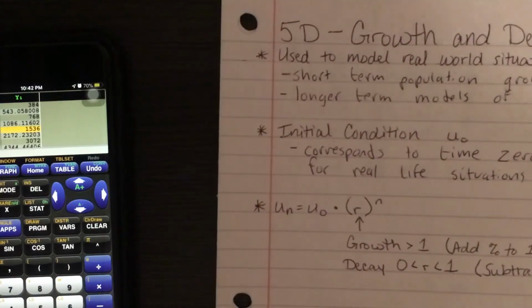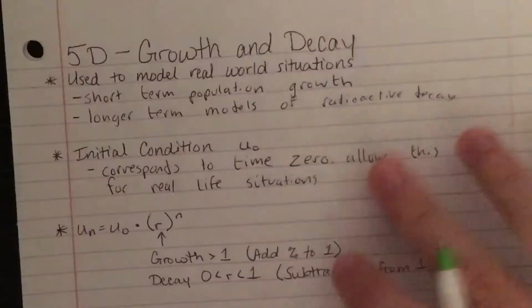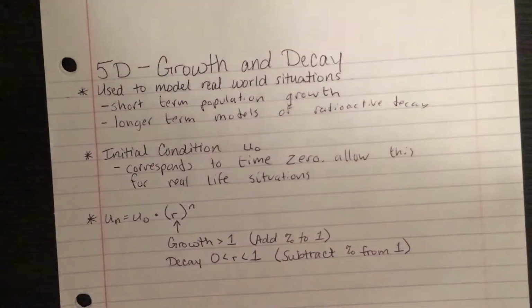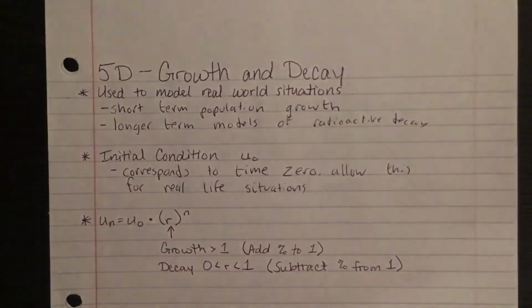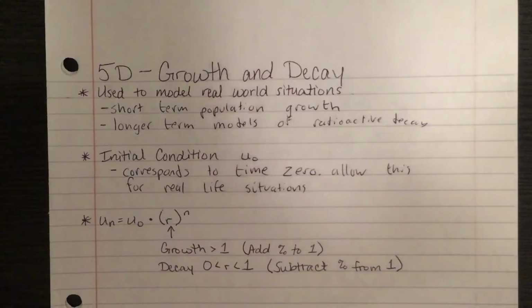And this leads us in perfectly to our next section, which is growth and decay. With growth and decay, these are both types of geometric sequences where we multiply by a percentage the entire time.